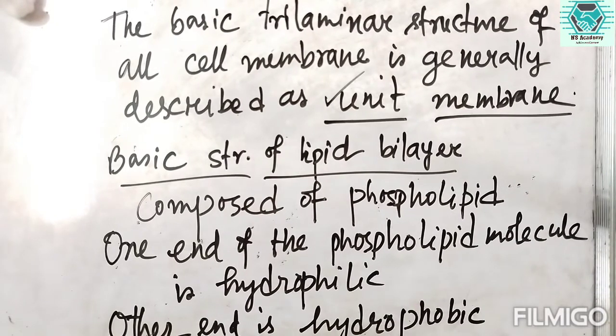So the basic structure of the lipid molecule, if it is composed of phospholipid, has one end hydrophilic and another end hydrophobic. Now what do we mean by hydrophilic and hydrophobic ends?